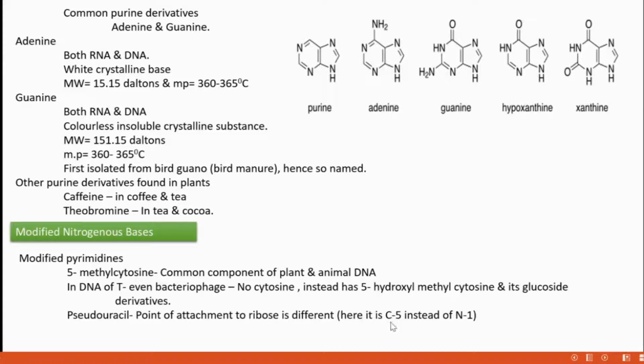Here, the fifth carbon is joining with a ribose instead of the first nitrogen in the case of the normal uracil. In normal uracil, the first nitrogen is attaching with the ribose, but in pseudo-uracil, the fifth carbon is attaching with the ribose group.